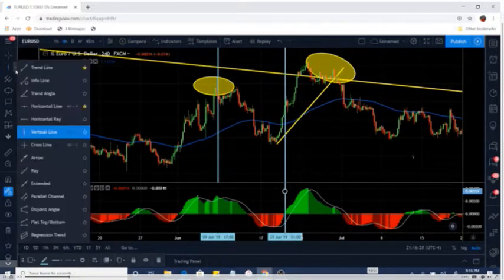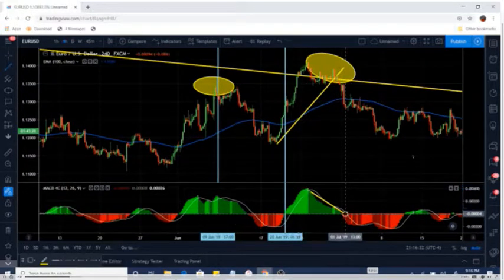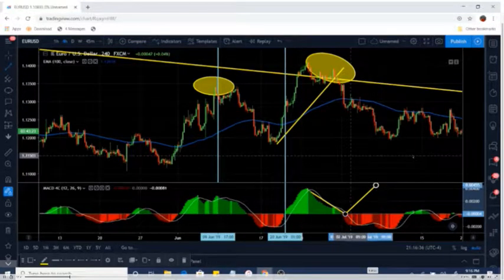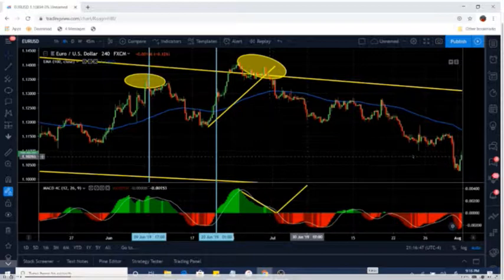Because when it pulled back, especially on your MACD, you didn't get the continuation. Remember, the whole point of a breakout, like somebody said earlier, is to confirm that we are now going in that direction.